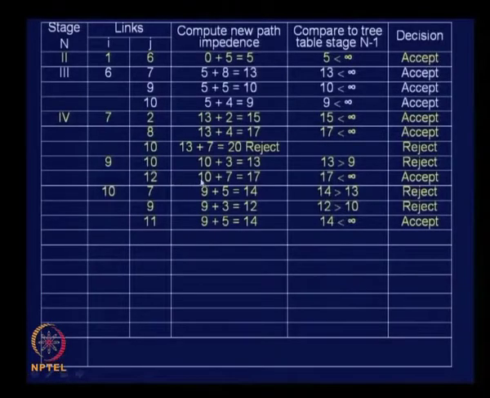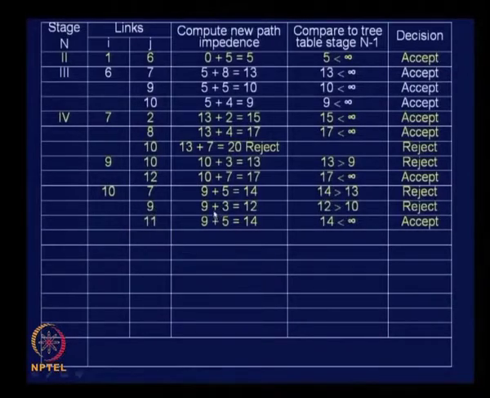And 9 to 12 is 7 minutes, 10 plus 7, 17 is the cumulative travel time, and to reach 12, 17 as of now is the shortest time, so less than infinity, we accept it. And then 10 to 7, 9 plus 5, 14, 14 is greater than 13, we are able to reach node 7 within 13 minutes, so we are rejecting this path.